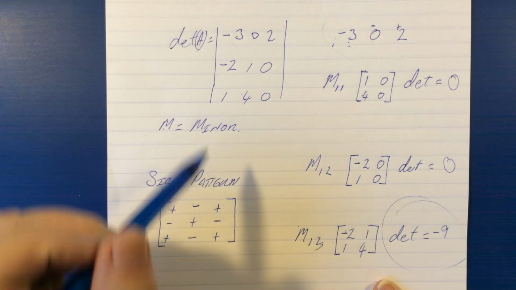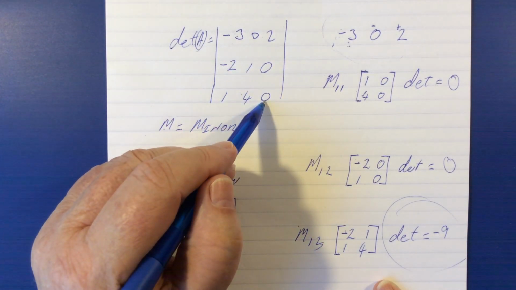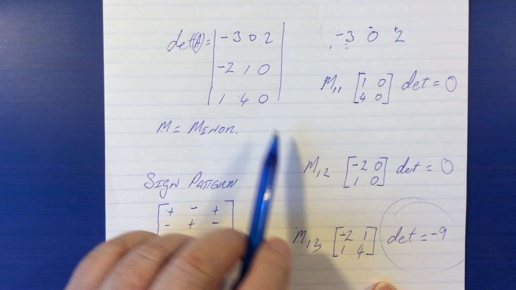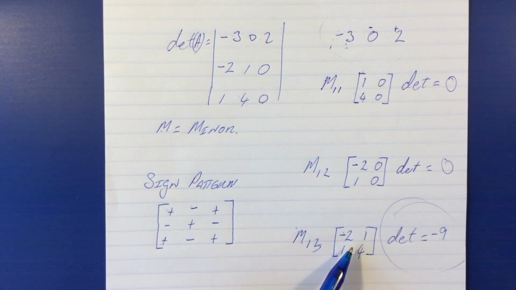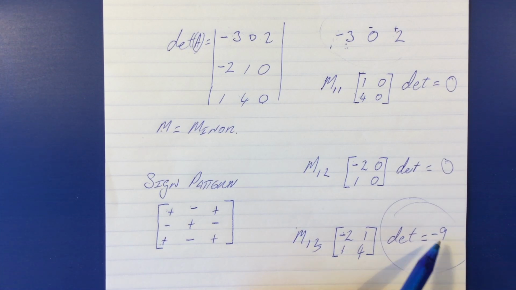What's going on here? We're ignoring this column and this row. So we get negative 2, 1, 1, 4. The determinant of this is something other than 0, mercifully. So we have something to work with. Negative 2 times 4, negative 8, minus 1 times 1 gives us negative 9.